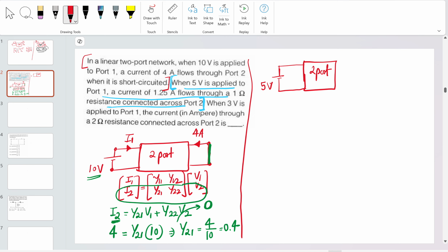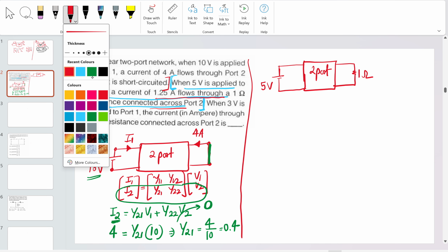And it says that 1.25 ampere current flows through the 1 ohm resistance connected across port 2. It means on the load side they have connected a 1 ohm resistor, and the current flowing across it is 1.25 amps.